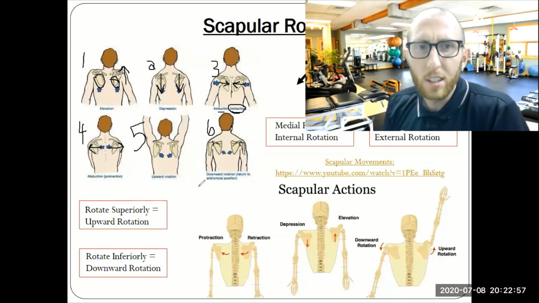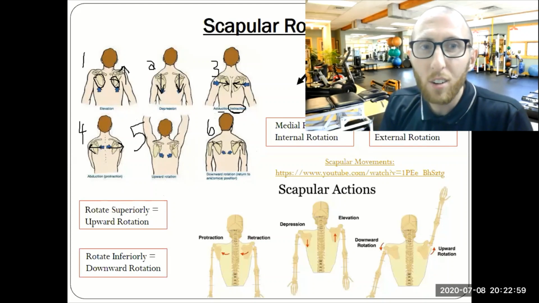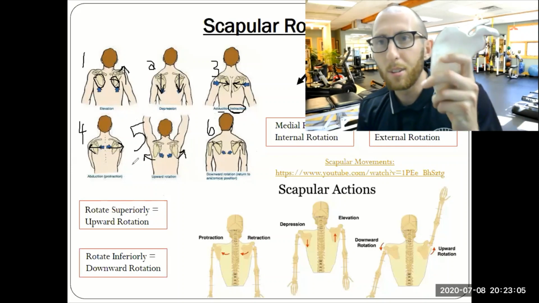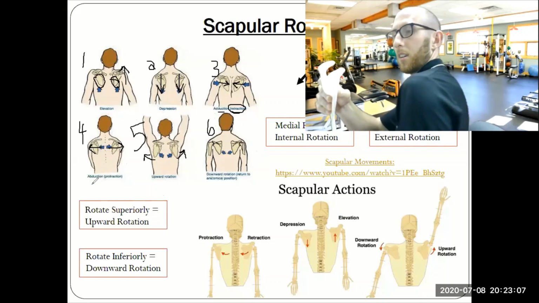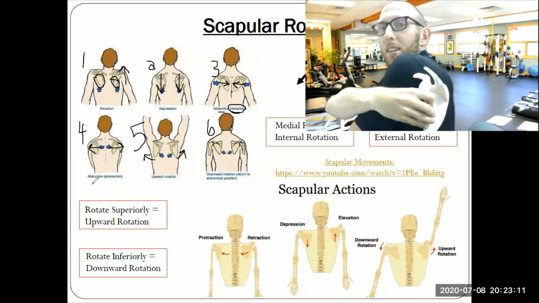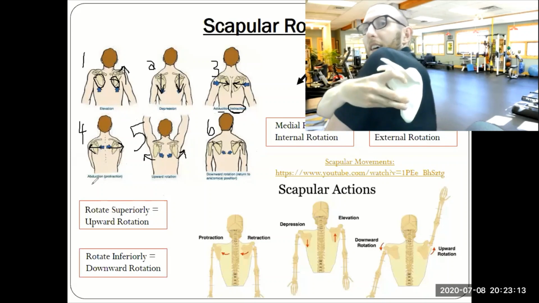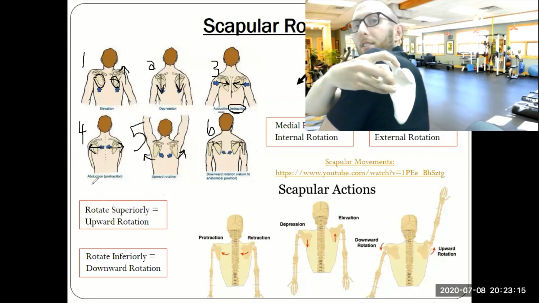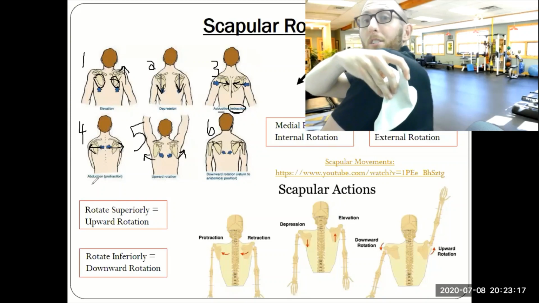Upward rotation is when the inferior angle rotates laterally. So if I had the scapula here on the side, this would be upward rotation.